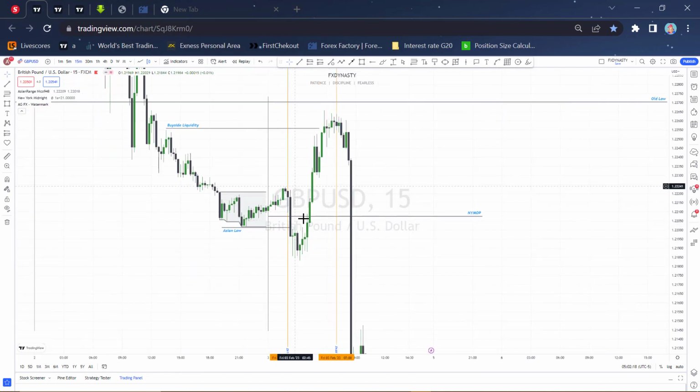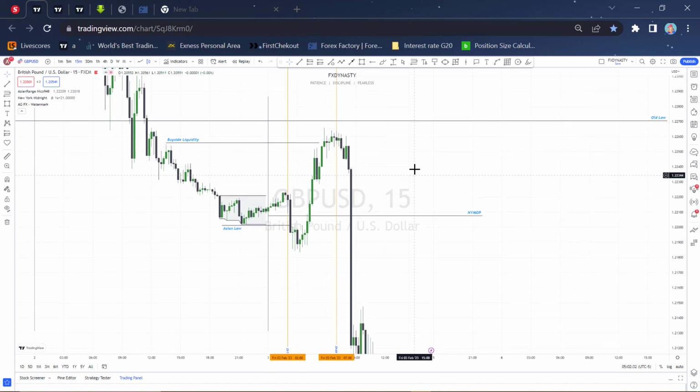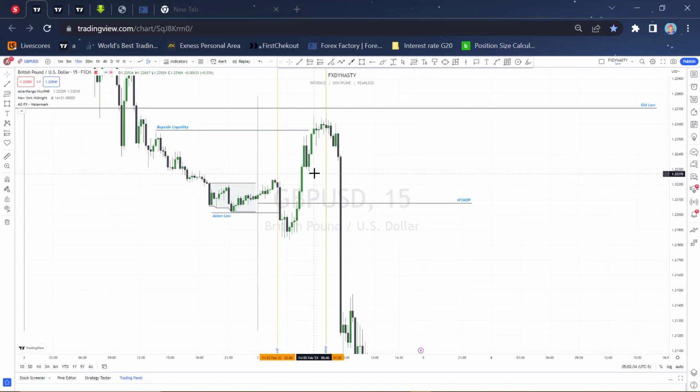So as you can see, price did all this during the London Q zone. Price went up, cleared the Asian low, went up into this buy side liquidity, took out the stops above here and started melting down. If you look closely, this is also what we call the market makers sell model.